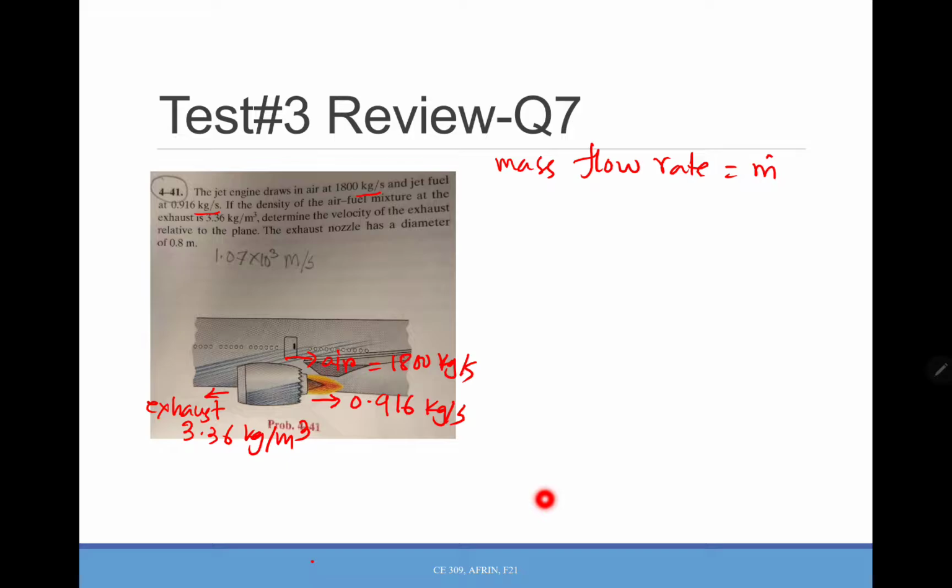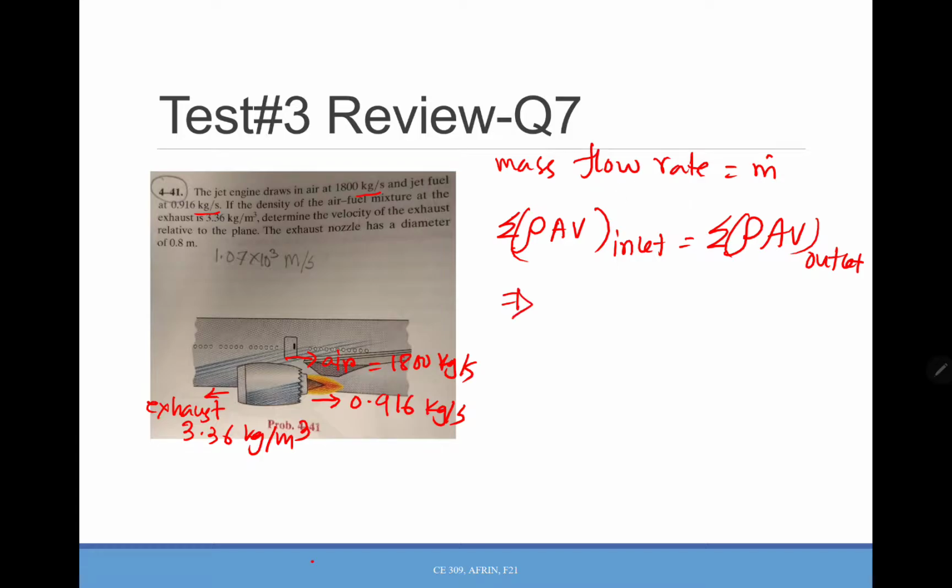So what you can do, obviously it's mass flow rate, and since you are working with air, it's always better to work with rho AV, like incoming flow, outgoing flow.